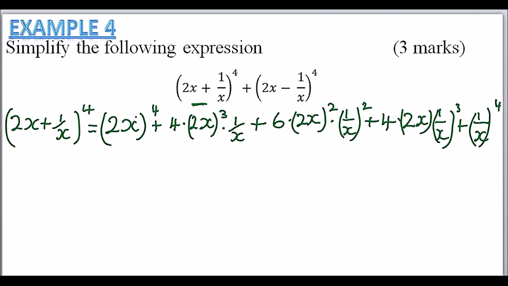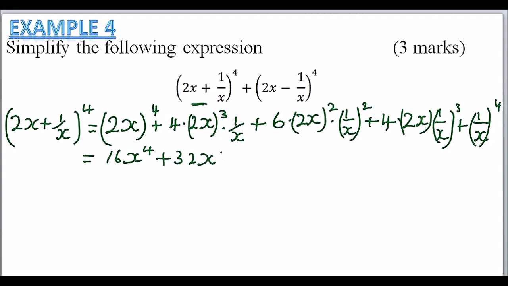So when you expand that, you get 2 to power 4 is 16. So we have 16x to power 4 plus 2 cubed is 8. 8 times 4 is 32. So in the denominator we have x. In the numerator we have x cubed.